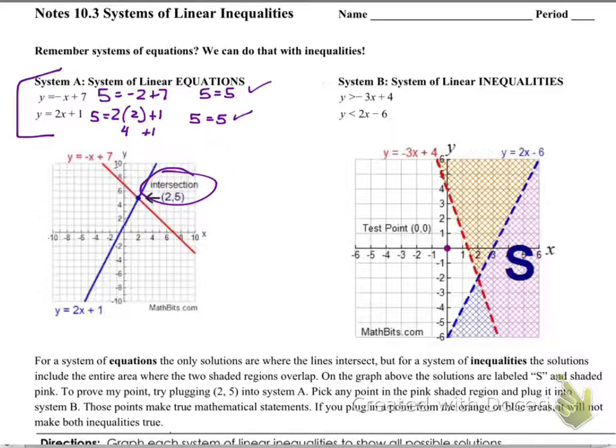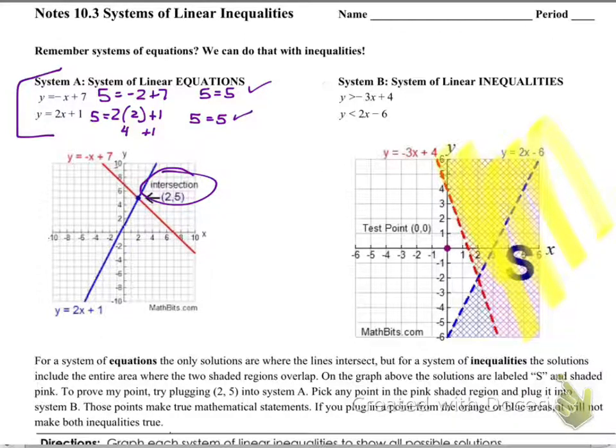So let's go over to the inequalities. If you notice, y is greater than negative 3x plus 4 is graphed using the yellow and purple. It's graphed up this direction. When we graph inequalities like this, we have to pick a point, and if it works, you shade on that side, and if it doesn't, you shade on the other side.